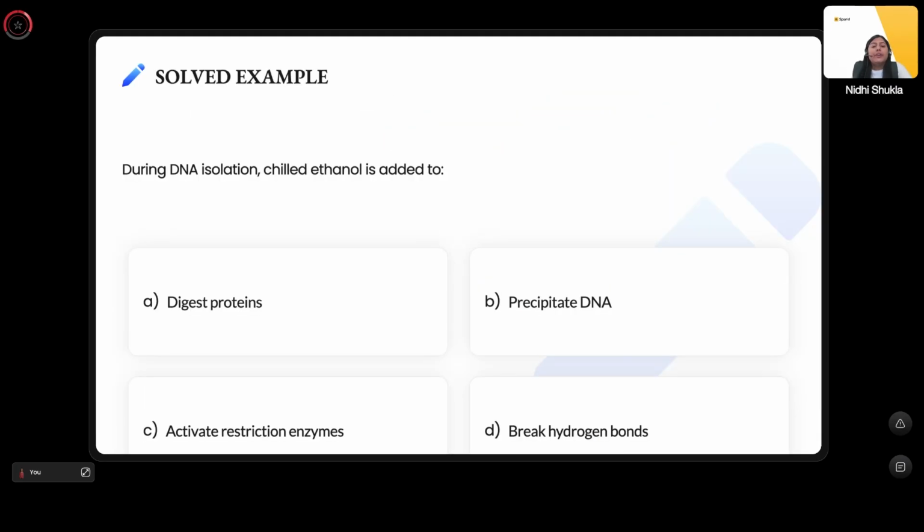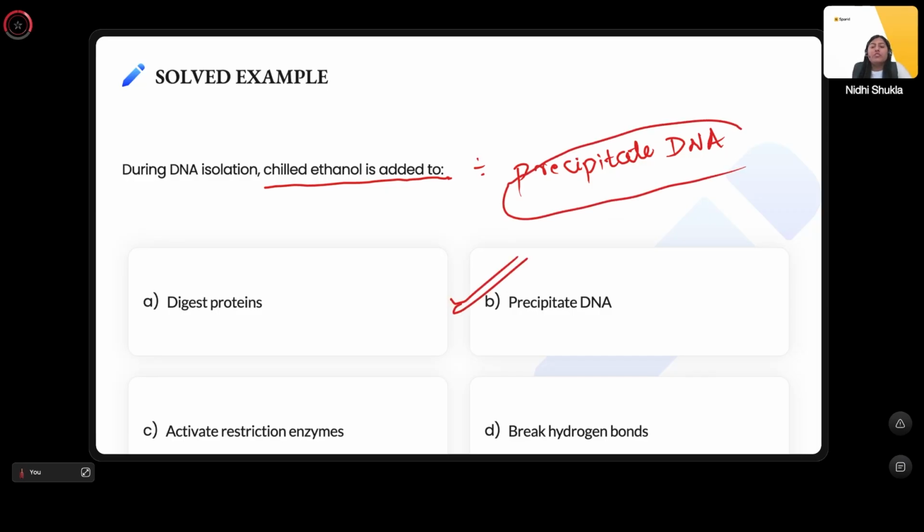Now, during DNA isolation, chilled ethanol is added to what? During DNA isolation, you use various enzymes, and at the end step, you add chilled ethanol. What is the job of this chilled ethanol? It is used to precipitate DNA, which is your option B. After precipitation, the DNA coils around a rod, and it can be separated out via a process called spooling.